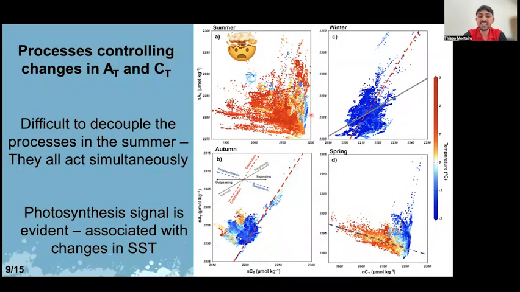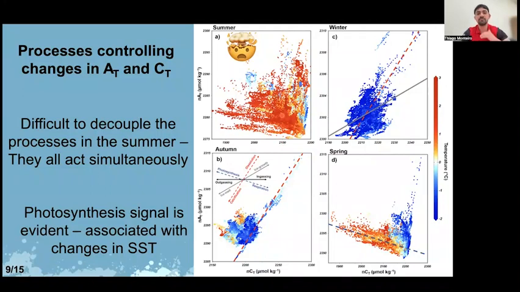And what we can see clearly is that during the summer, it's very difficult to decouple the processes. Probably all the processes acted together to change the pCO2, to change the total alkalinity and dissolved inorganic carbon. But in general, when we see the slope of this distribution, it's almost similar to the slope expected for the exchange related to photosynthesis and respiration.